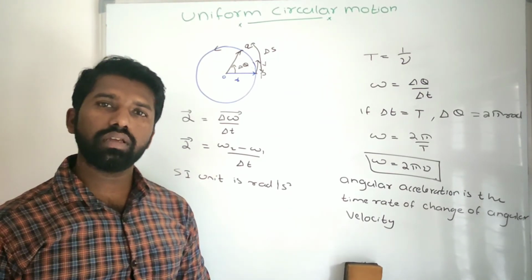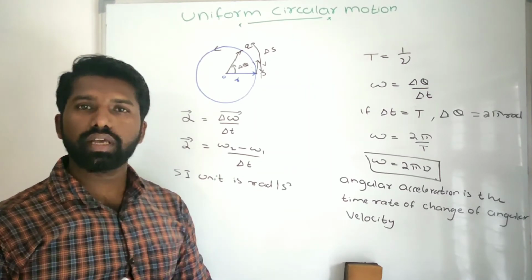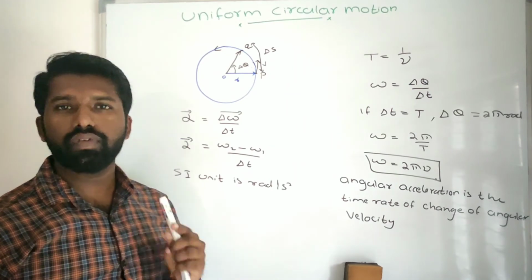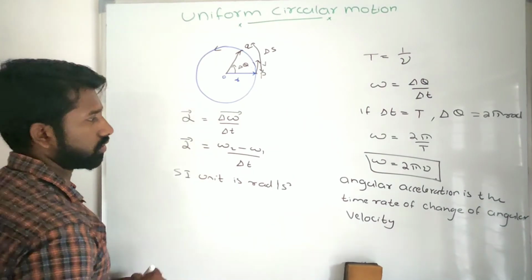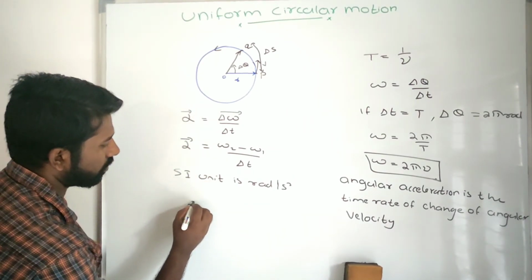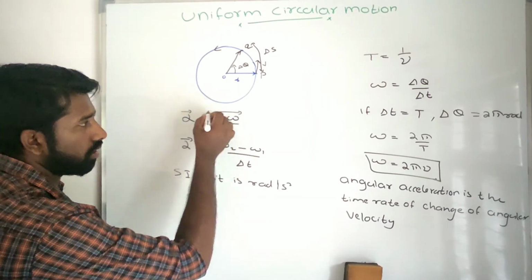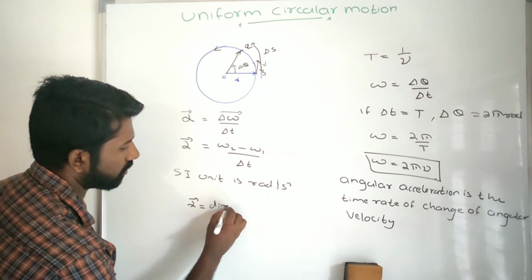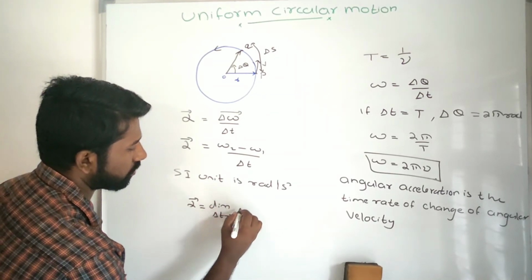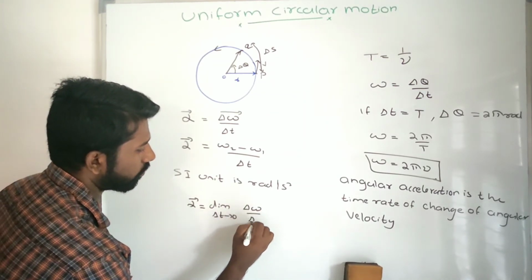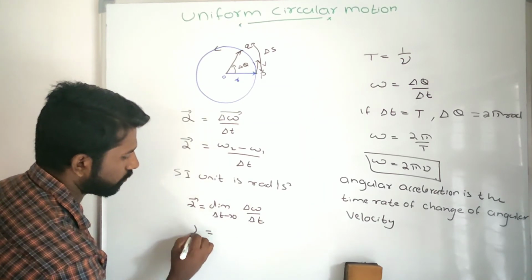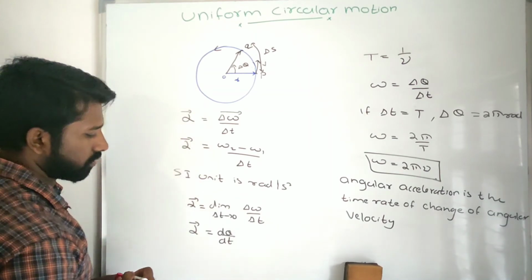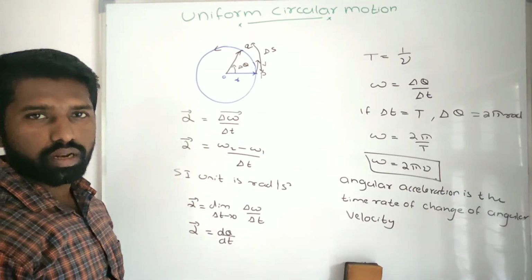If we calculate the angular acceleration at a particular instant, we call it instantaneous angular acceleration. The instantaneous angular acceleration is the limiting case of the average acceleration: limit as delta t tends to 0, delta omega divided by delta t, equal to d omega divided by dt. So this is about angular acceleration.